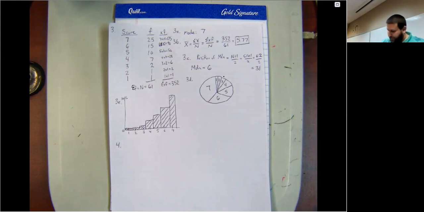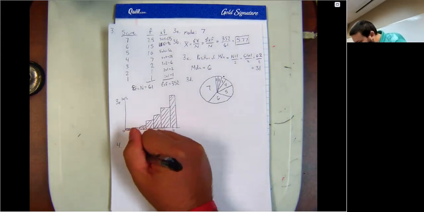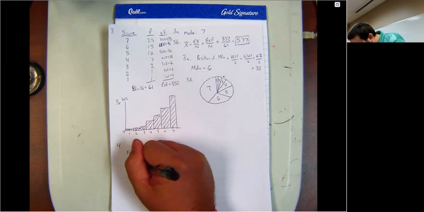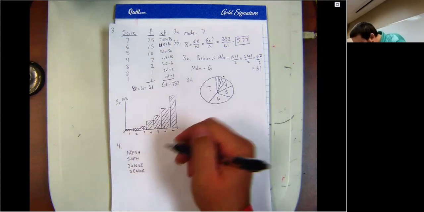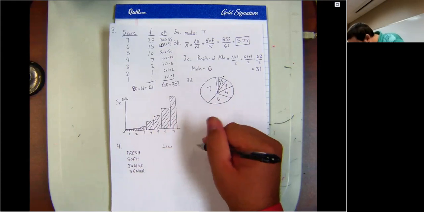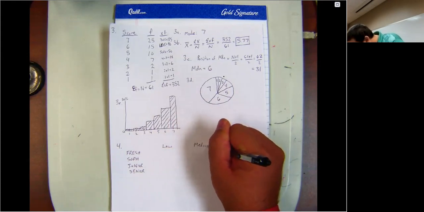And remember, here's our setup. Freshman, so I'm just going to put fresh, soph, junior, and senior. Right? And then we have law majors and medicine majors.